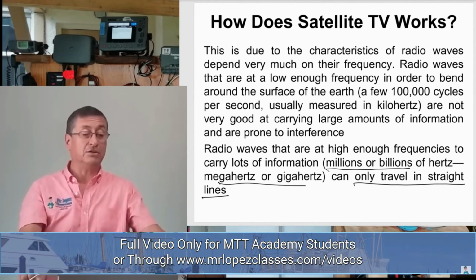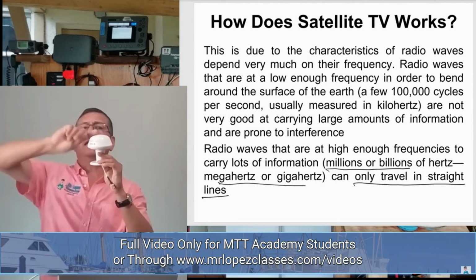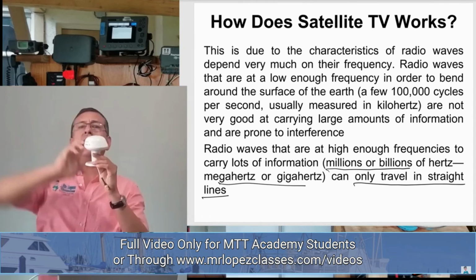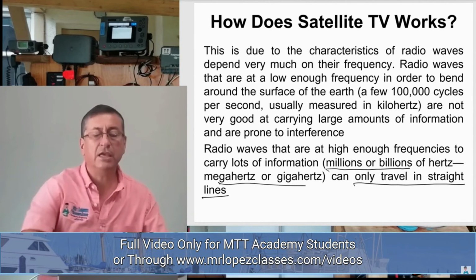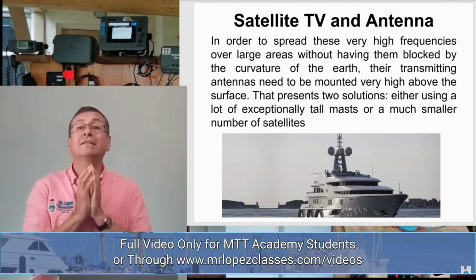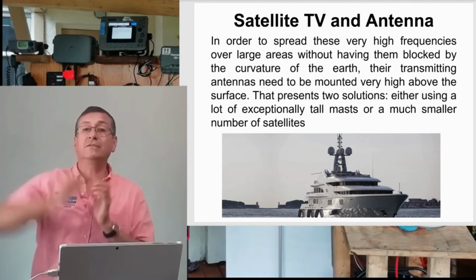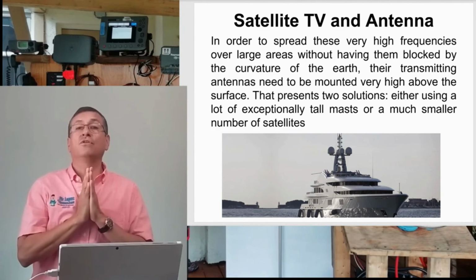That's the inconvenience. For that reason, this antenna should be communicating with the satellite directly all the time, because it's a straight communication, a straight signal. This is the inconvenience of the TV signals, and the TV signals work excellent at higher frequencies, gigahertz or billions of hertz.